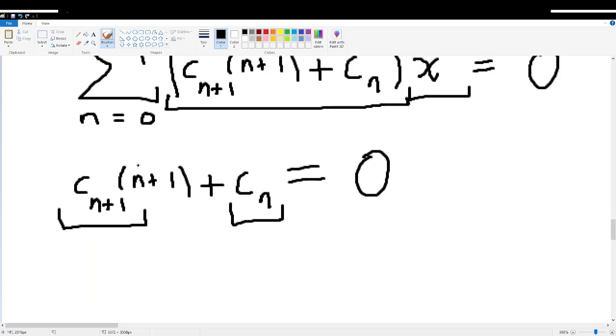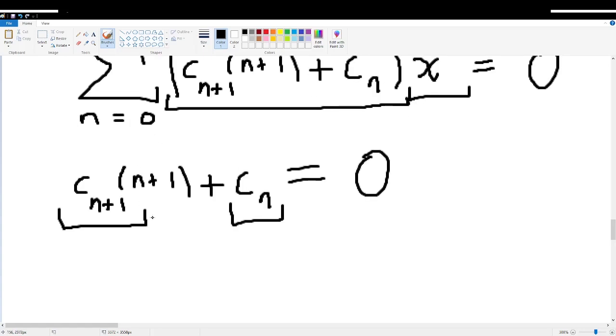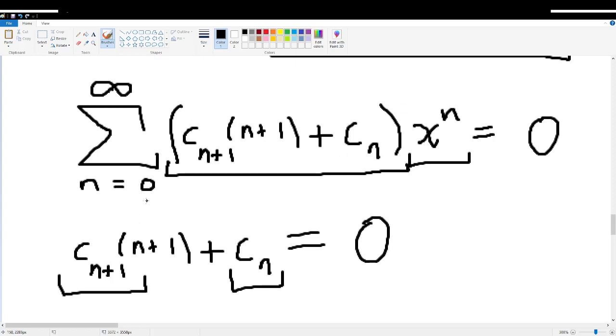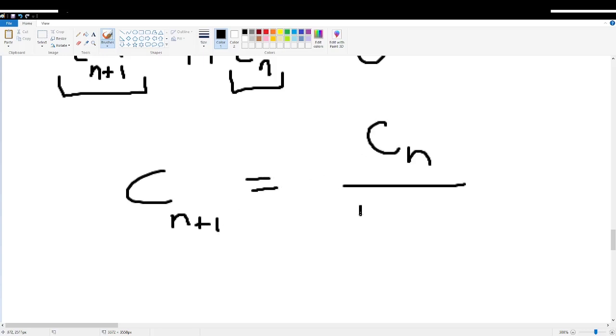So let's rearrange this to express it in terms of c_(n+1). If we subtract c_n from both sides and then divide by n plus 1, and again, n plus 1 cannot be 0 because n begins at 0, so the smallest this can be is 1, we're going to get that c_(n+1) is equal to negative c_n over n plus 1.